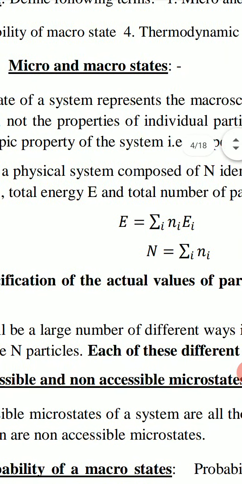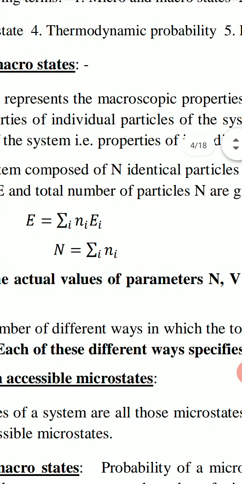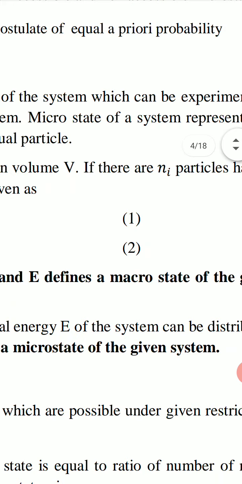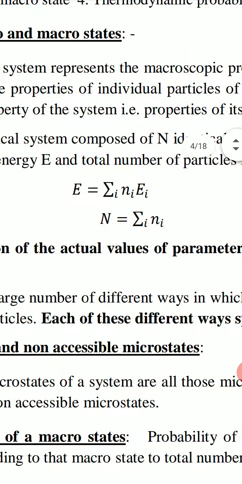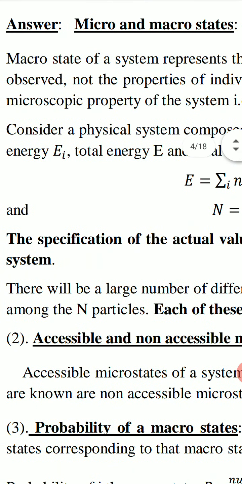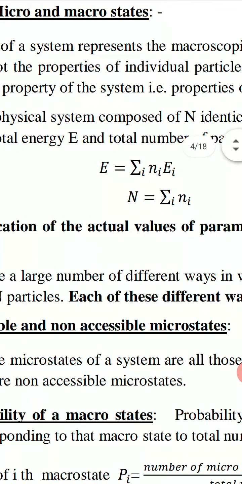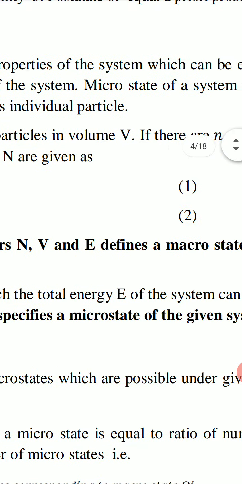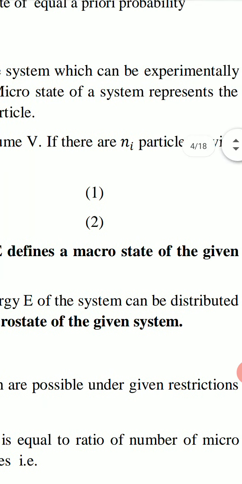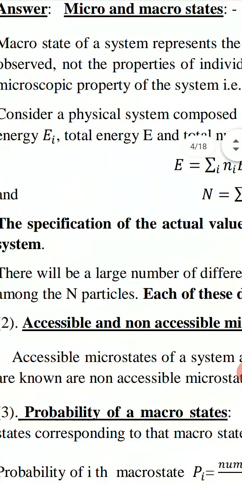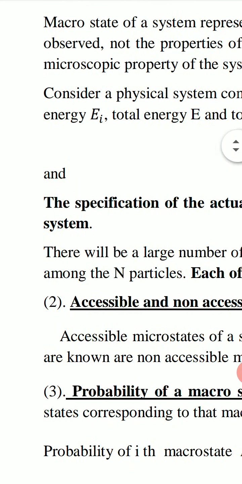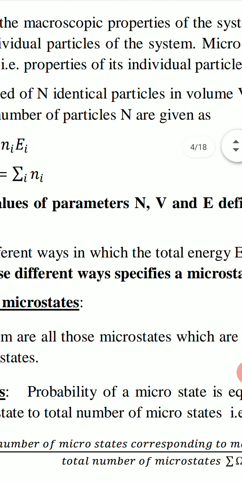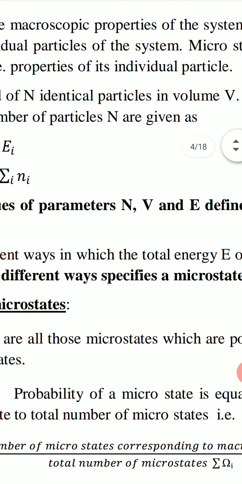Macrostate of a system represents the macroscopic properties of the system which can be experimentally observed, and not the properties of individual particles of the system. Microstate of a system represents the microscopic property of the system, that is, properties of its individual particles.